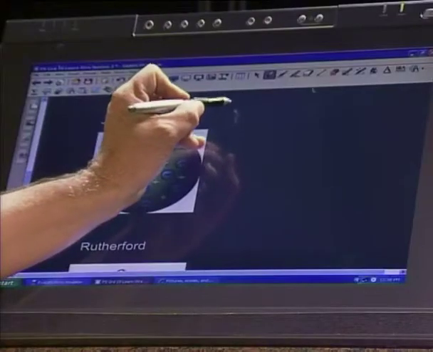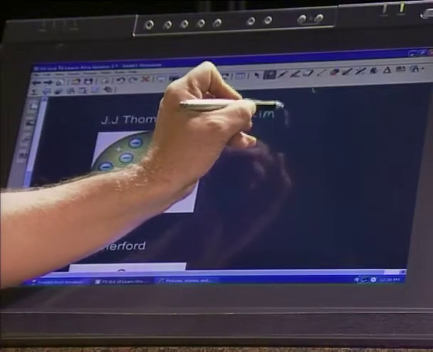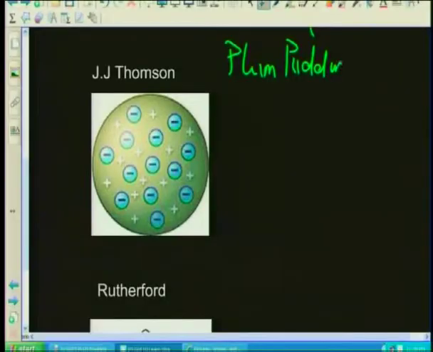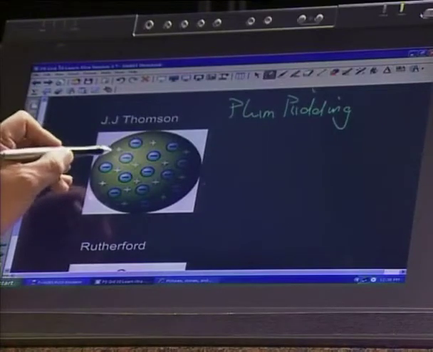I want you to have a careful look at what his model included. It was known as the plum pudding model. Now that's a very old-fashioned term, and not many of us have plum puddings now. But basically what it is here's like a solid cake. And on the surface of the cake, he said that there were smaller particles.